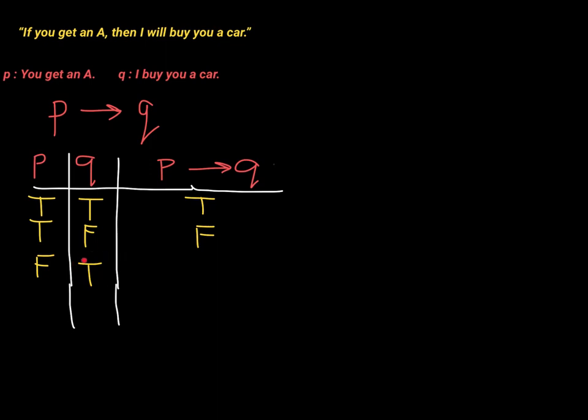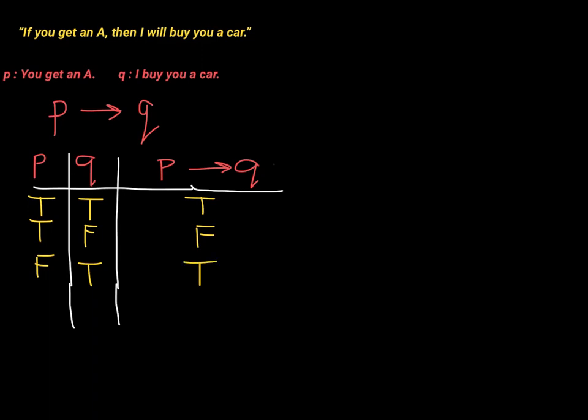So I still buy you a car, I guess I feel generous. But the statement, if P then Q, is not broken. I never broke my promise. Even though you did not get an A, I still buy you a car. This statement is still true.